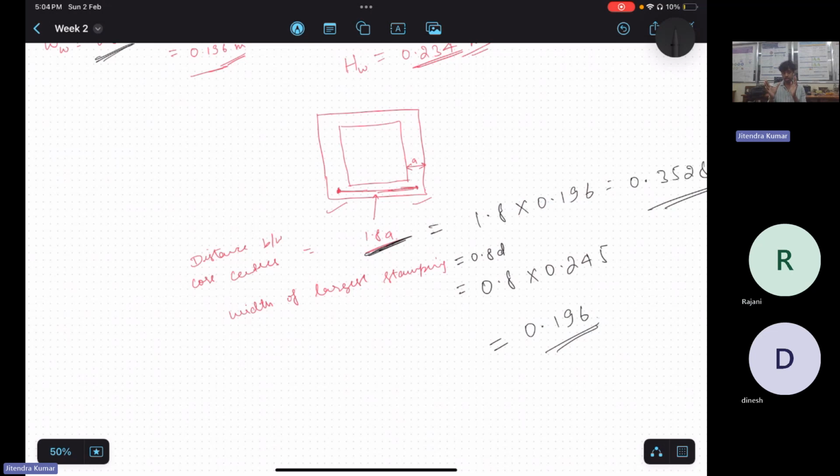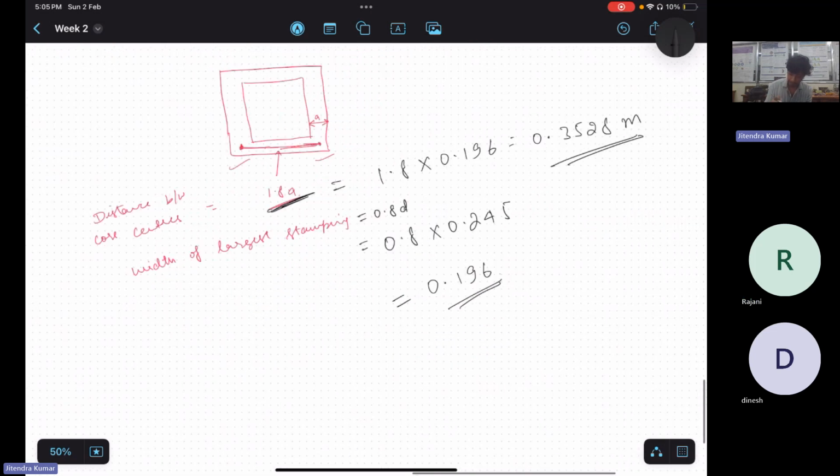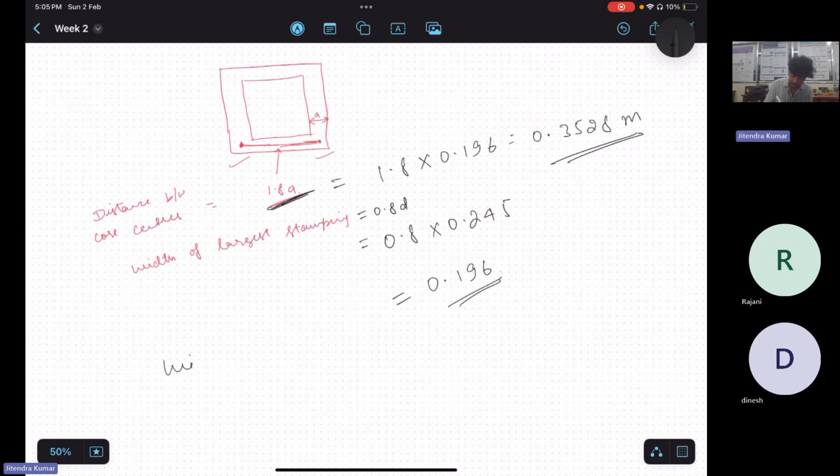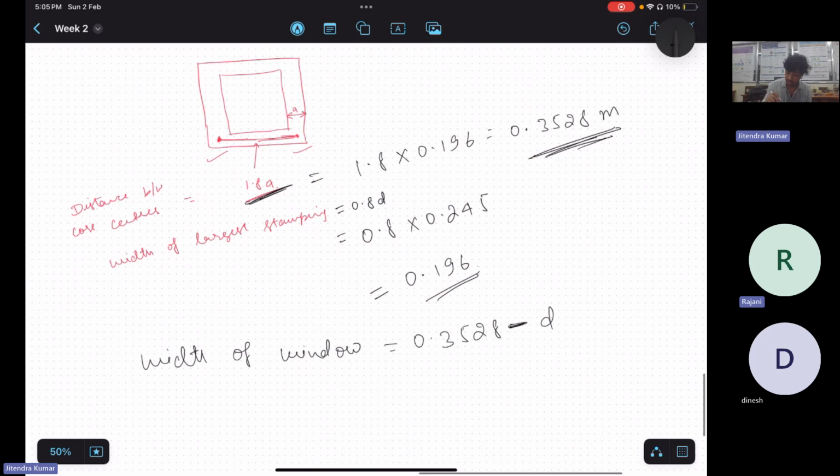That will be total distance between the limbs minus core width, isn't it? Width of window is equal to total distance, this is 0.3528, okay, minus D.